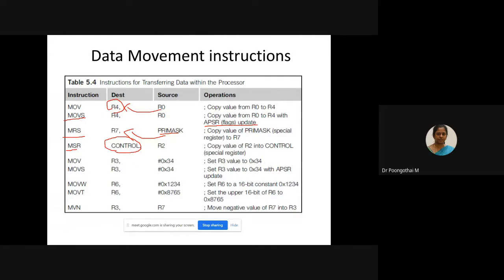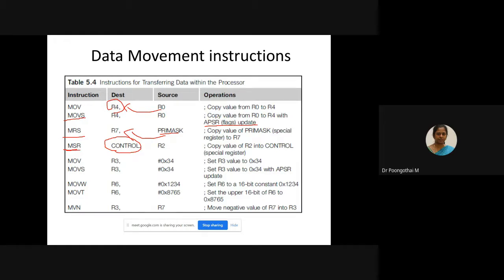See, using the control register, we can control two activities. One is stack pointer selection, which can be done by using the control register. Second, using this control register, we can move the processor from privileged access level to unprivileged access level. So that is the importance of the control register. We can program this control register by using this instruction.